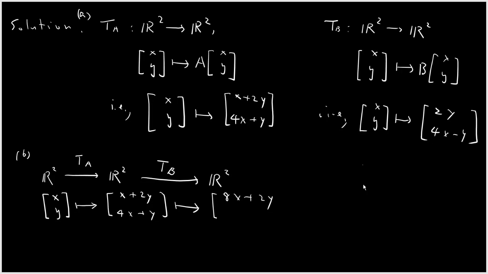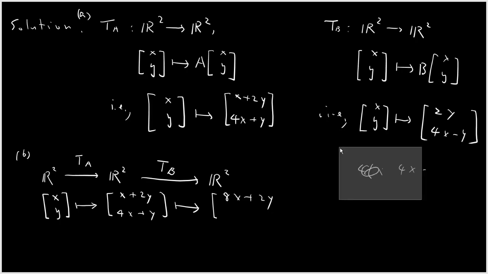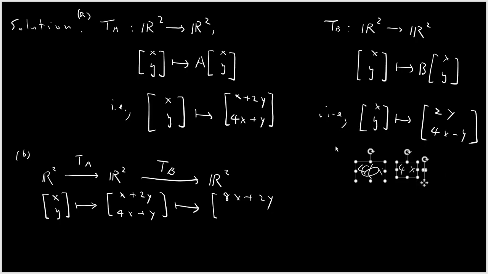4 times the first component. You compute that, and then minus the second component. I did something wrong. Four times the first component in the input, 4x, minus the second component.